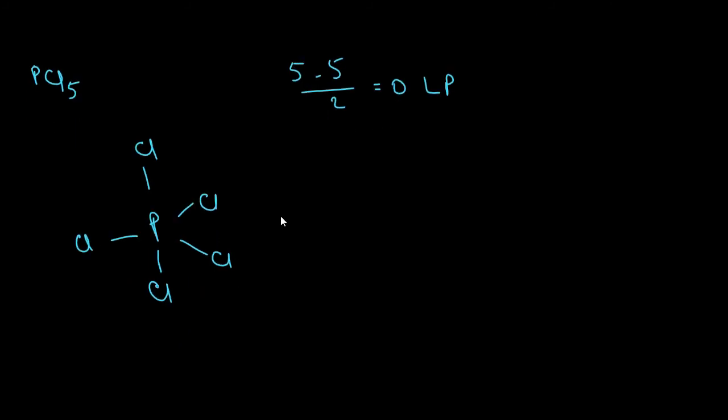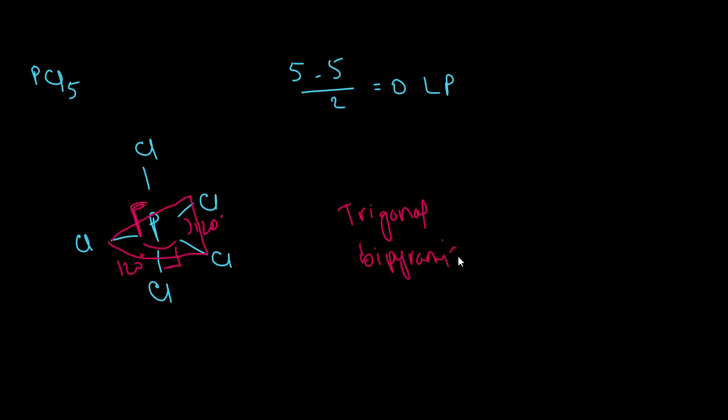These bonds form a triangle in a flat plane. So the bond angle between these guys is 180 degrees, right? Sorry, 120 degrees. And the bond angle between this chlorine at the top and this chlorine at the bottom with the flat plane is 90 degrees. So this is called trigonal bipyramidal, and the bond angles are going to be 90 and 120 degrees.